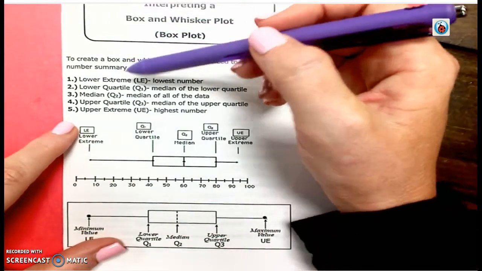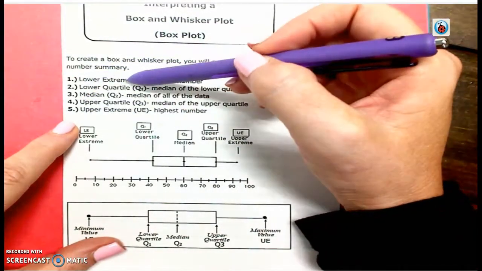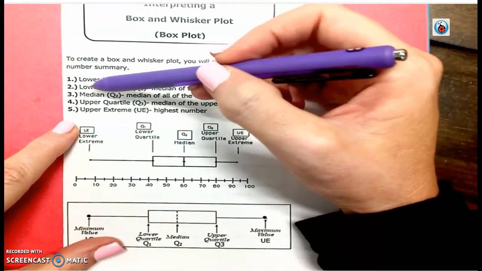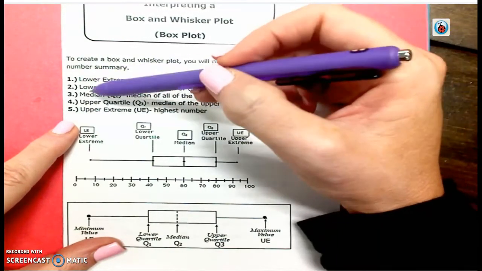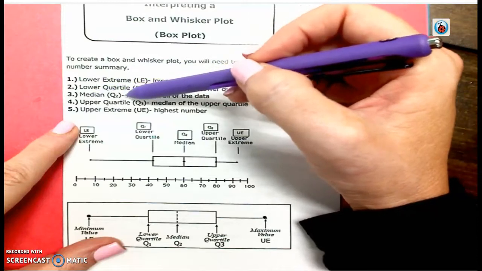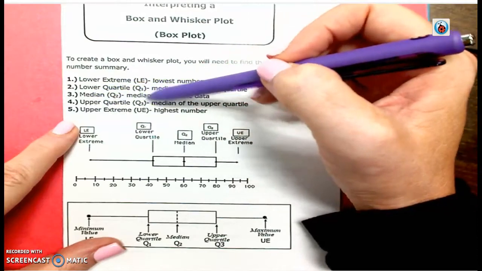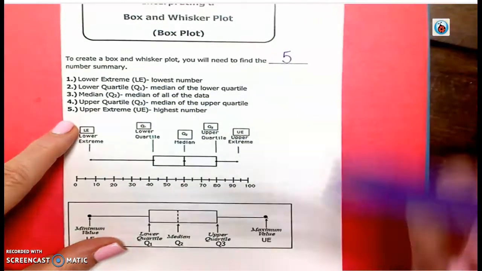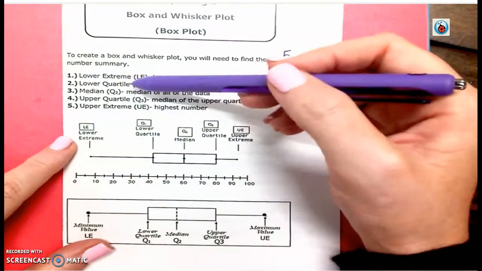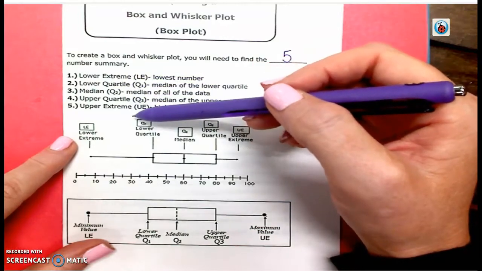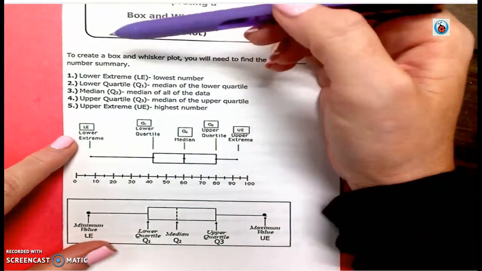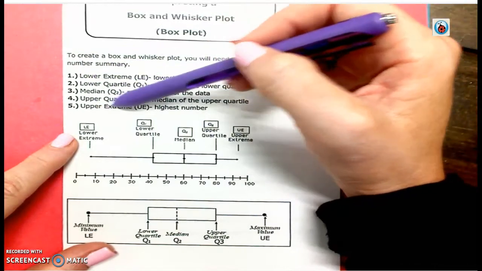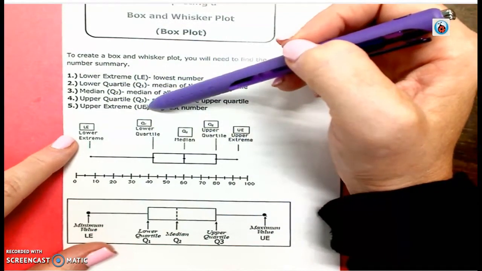So you have 5 things: lower extreme, or LE, lower quartile, Q1, median, Q2, upper quartile, Q3, and upper extreme, UE. I'm going to put some of them together so you can make a connection in your mind. For example, let's look at lower extreme and upper extreme together.